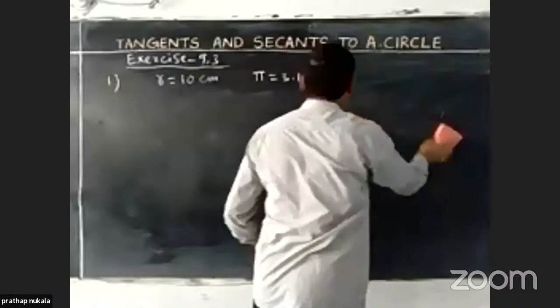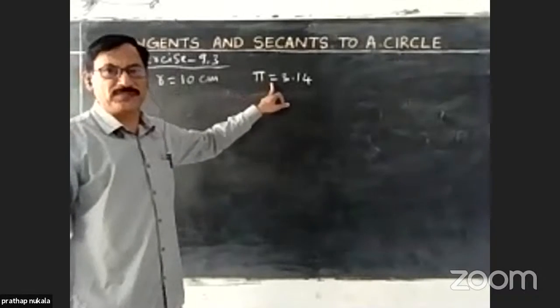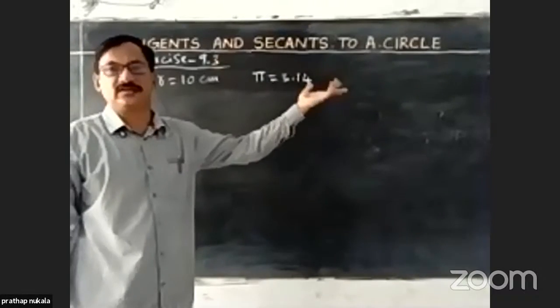Now, going to our present problem. We have to use pi equal to 3.14, but not 22/7. Okay.